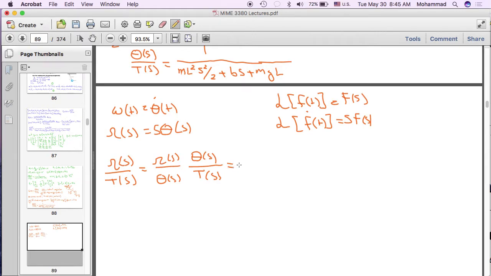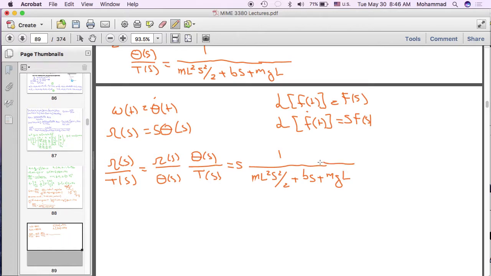So write an s here. Do you know what theta over T is? Where do you have that information? Up here. So take this and multiply it by 1 over (mL squared over 3) s squared plus Bs plus mgL.